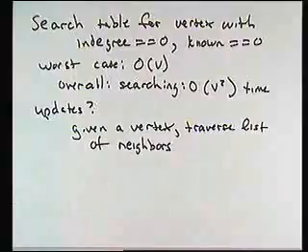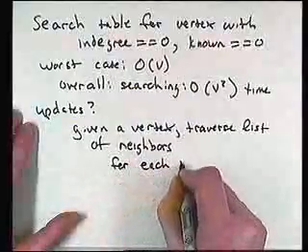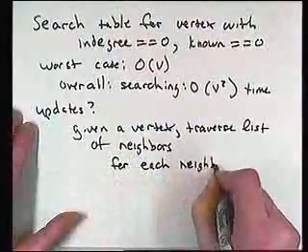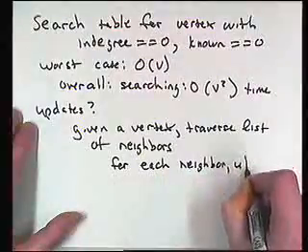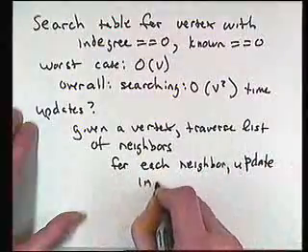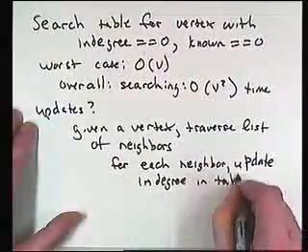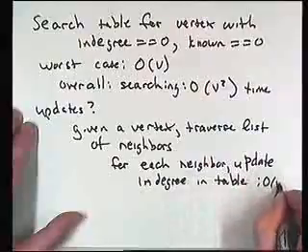So assuming the adjacency list implementation, we're traversing the list of neighbors, and for each neighbor, we update the in degree in the table. And we're going to assume that's constant time.